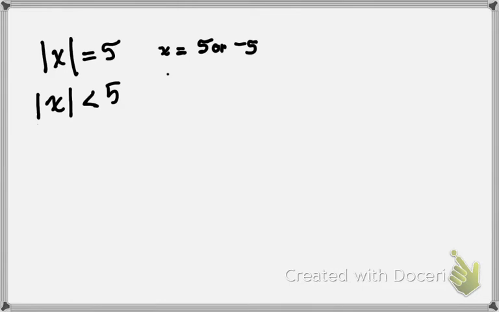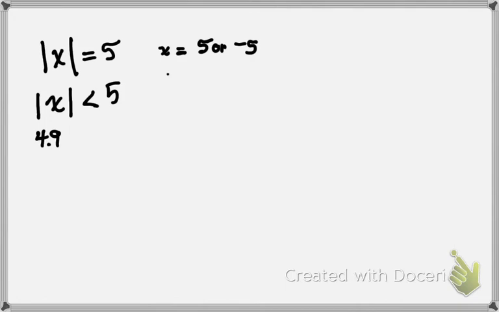So let's say the absolute value of x is less than 5. Let's think about what values are going to be true here. Well, 5 and negative 5 don't exactly work because we don't have the or equal to symbol here. But just under 5 works. So 4.9 works, right?